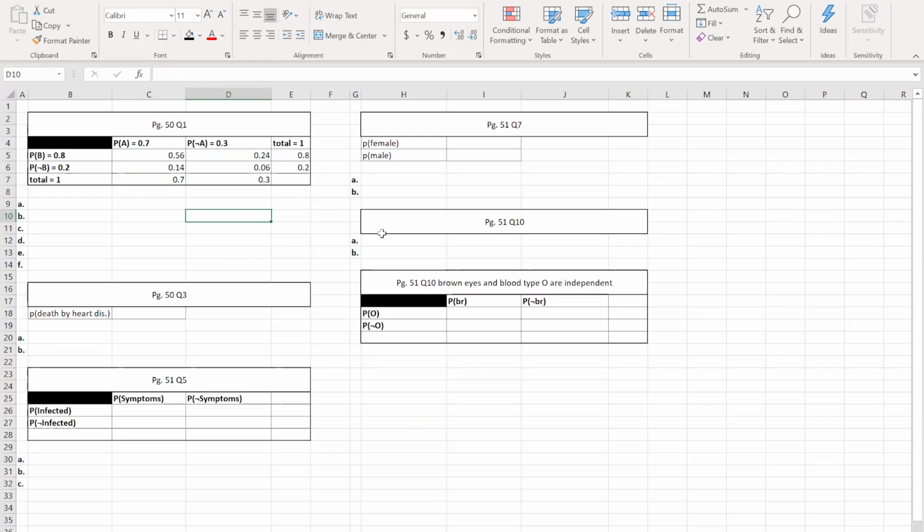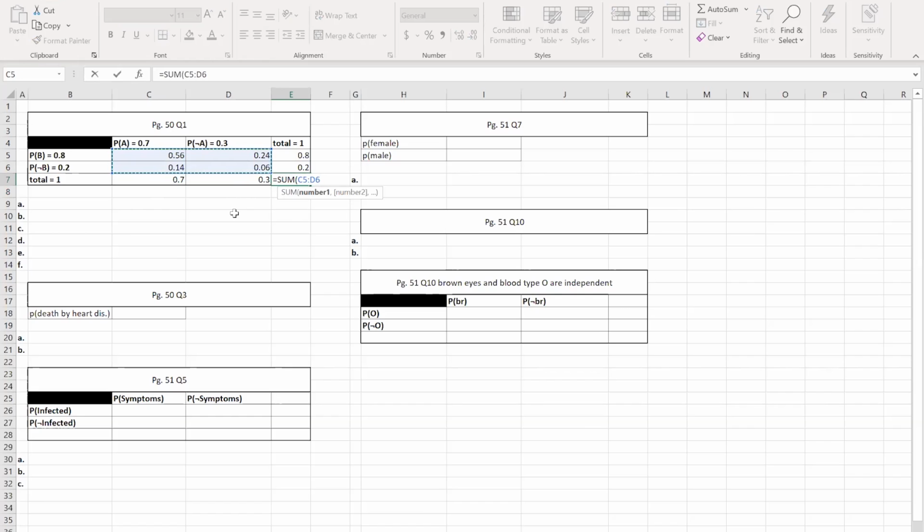I'll go over a couple important notes here. The total of the sample space should always equal 1. So if I do the sum of these 4 possibilities, if there are 2 things, A and B, that means the probability of A and B, A and not B, not A and B, and not A and not B, those are all 4 possibilities that could happen.